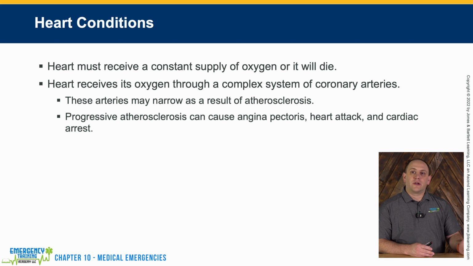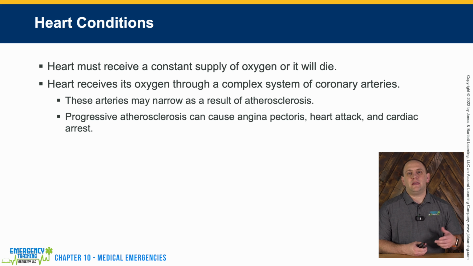So we're going to look at heart conditions. The heart needs to receive a constant flow of oxygen or it will begin to die. The heart muscle itself receives that oxygen through a number of different coronary arteries that are wrapped around the outside of the heart.